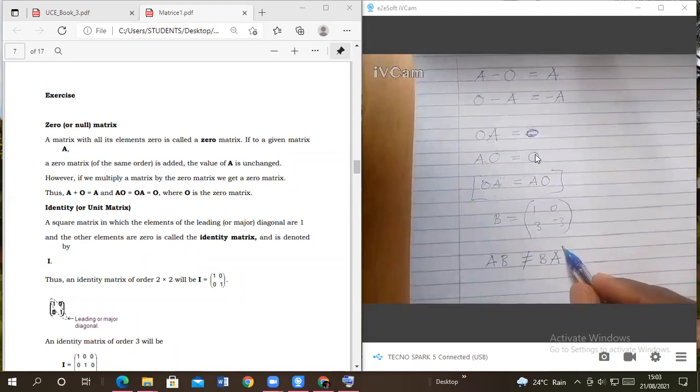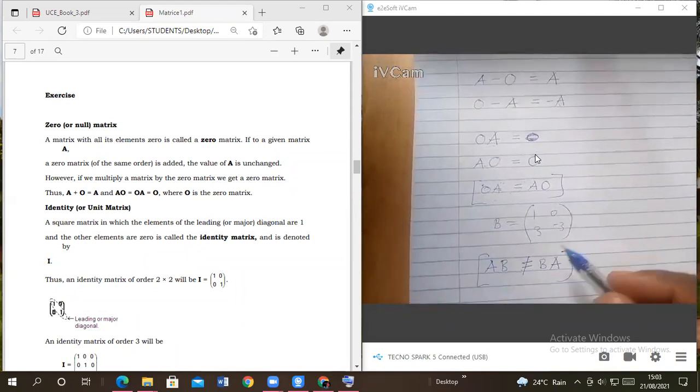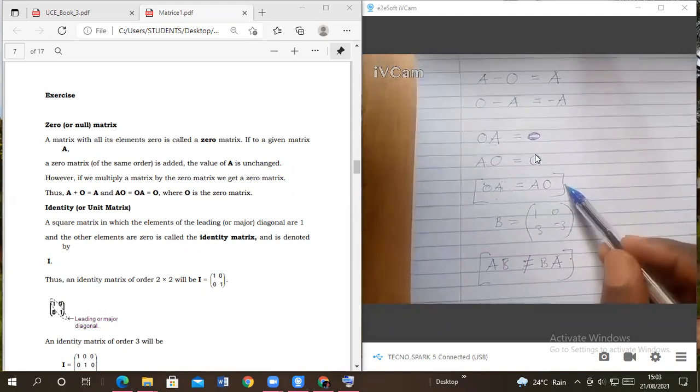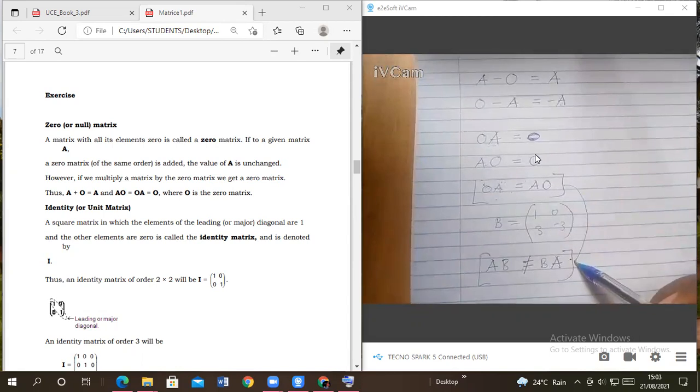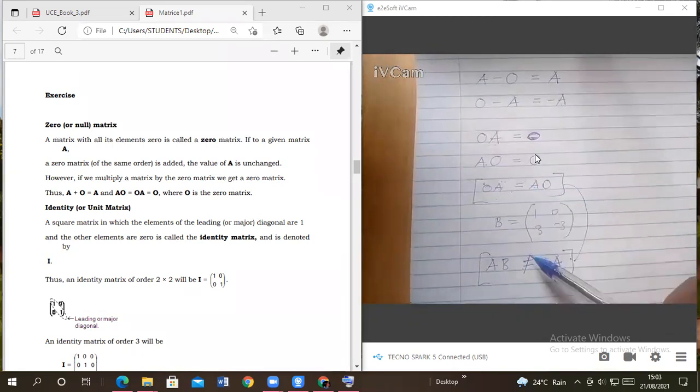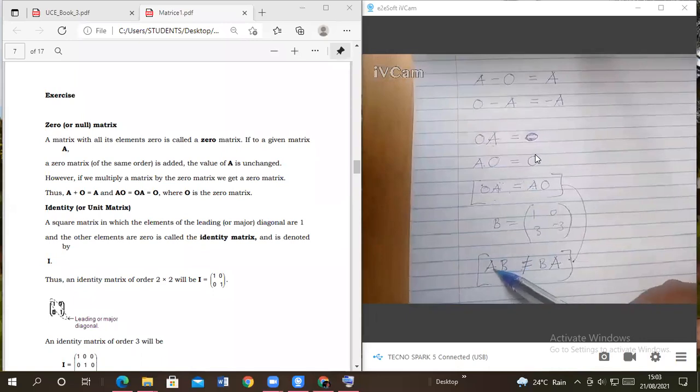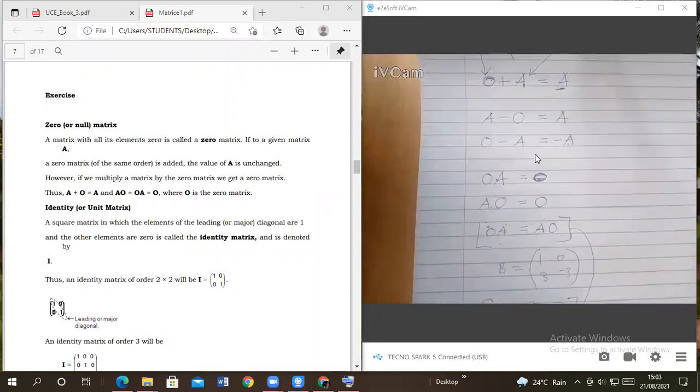Am I clear on that, please? Say yes or no. Yes. This is true for those two, but if neither of them is a zero matrix, then it is not true, okay? Those are the two properties that you can talk about when you're looking at a zero matrix.